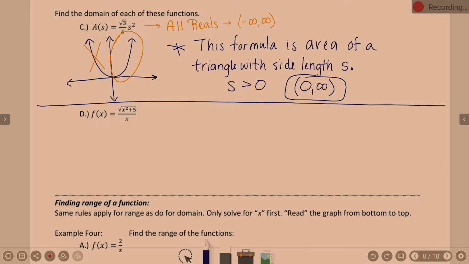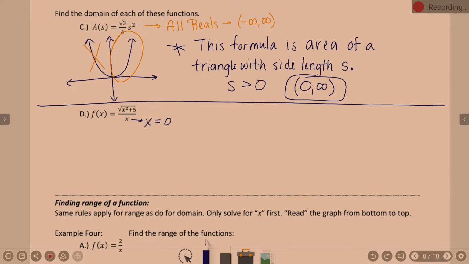Let's try D. f of x equals the square root of x squared plus 5, all over x. What do I set equal to 0? The denominator. Anytime you have a variable in the denominator, we're going to set it equal to 0.